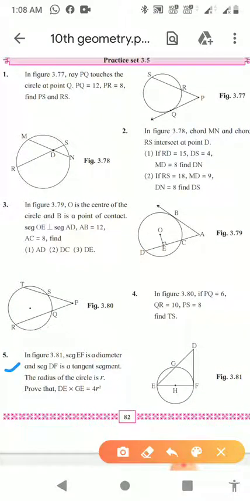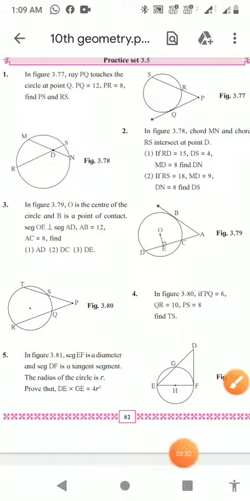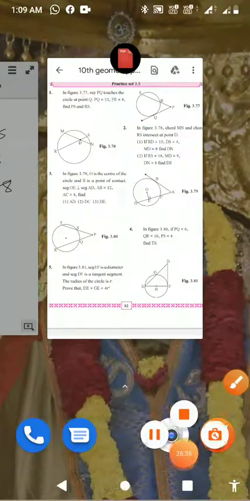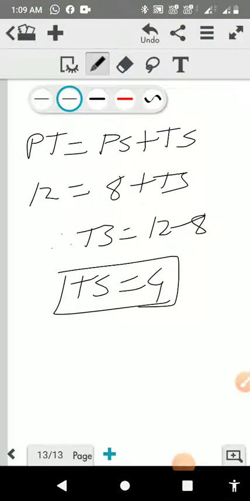In this question a diagram is given. Segment EF is a diameter and segment DF is the tangent segment. The radius of the circle is R. We have to prove that DE into GE equal to 4R square. Now I will use this board again.